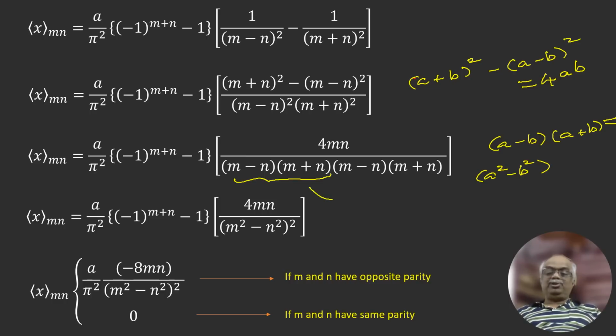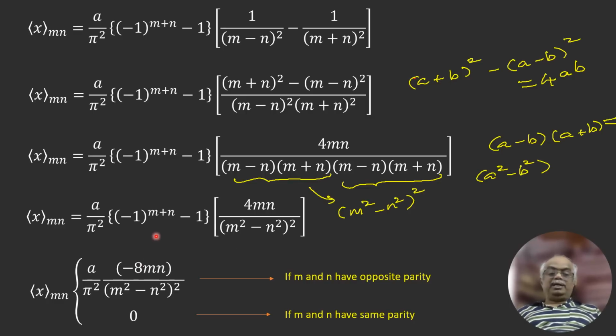So this is equal to m squared minus n squared. So same thing is this. If you multiply these two, you will get whole square. So this will become 4mn over m squared minus n squared whole square. So I have taken the denominator using this fact.